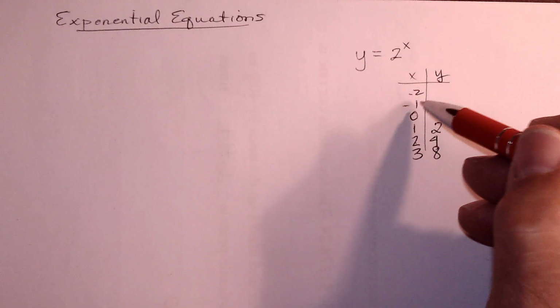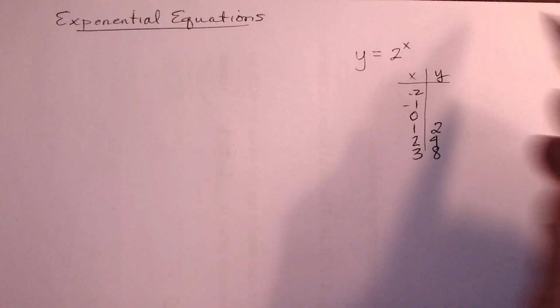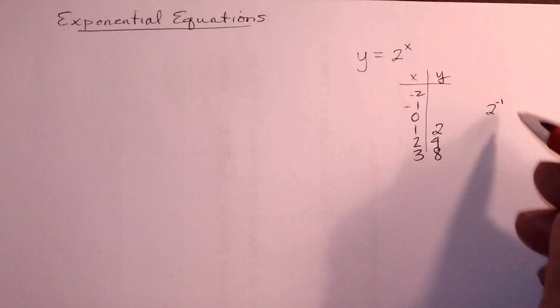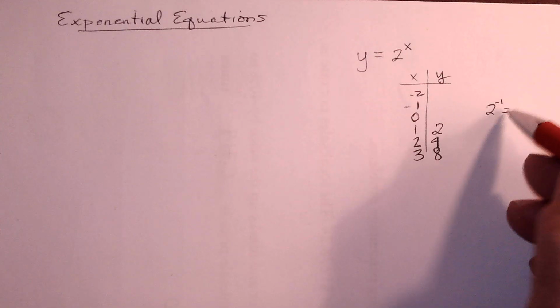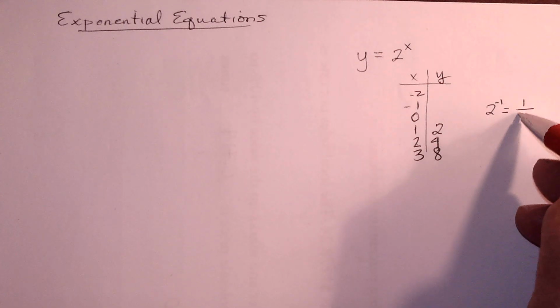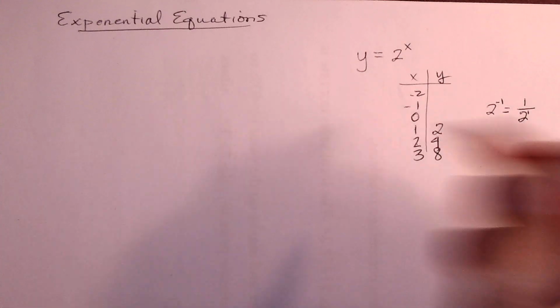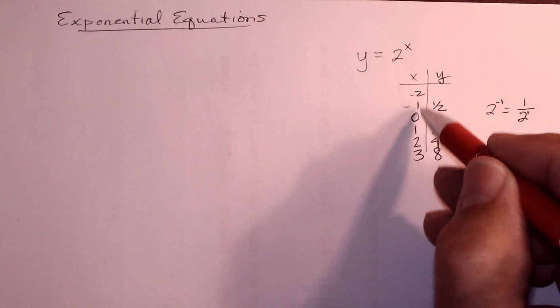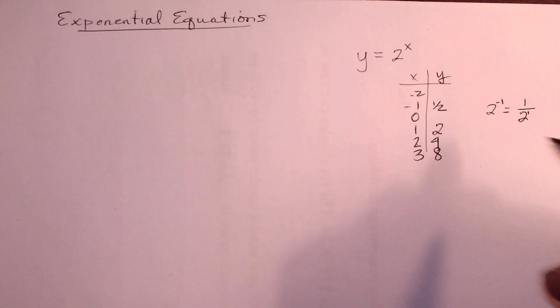2 to the 0, some people struggle with. -1, 2 to the -1. Well, minus on a power means it belongs in the denominator, so it would be 1 over 2 to the 1, which is 1/2. So 2 to the -1 is 1/2.